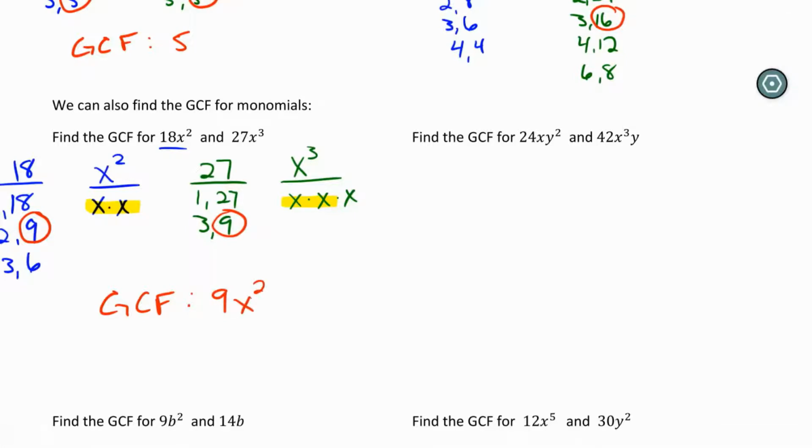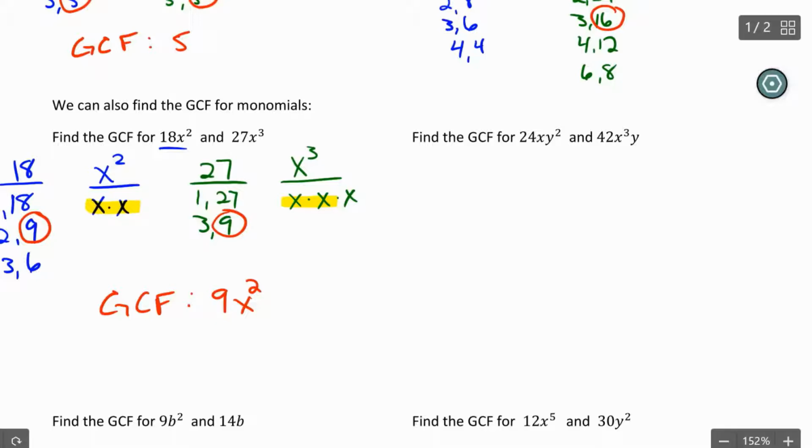One thing you may notice is that exponent is the smaller exponent that I see on the two monomial terms, and that's always going to be the case. Your greatest common factor for your letters is going to be the smallest of the exponents that you see, because they have to have it in common.